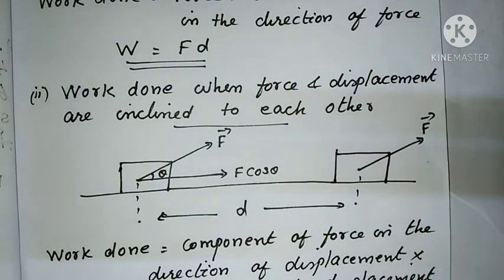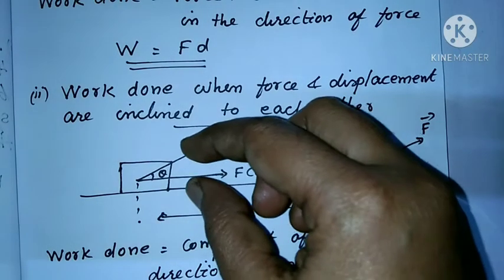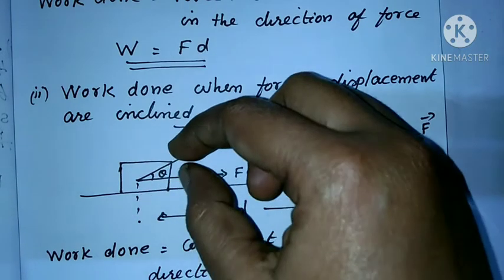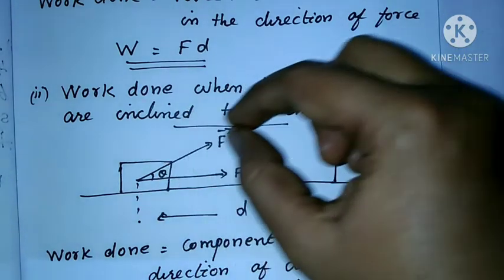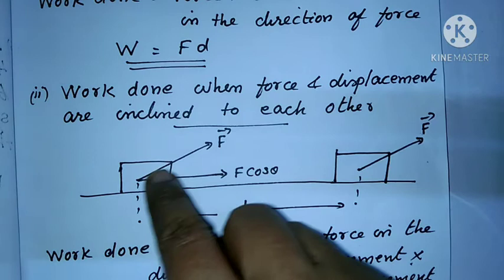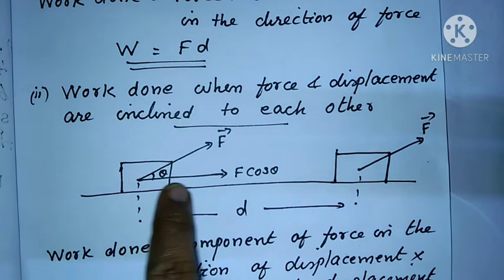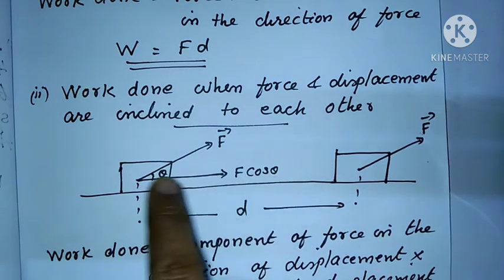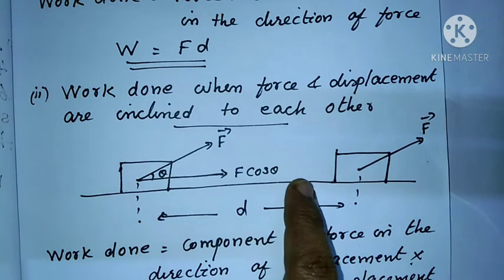That means we are applying a thread on a box and we just move it like this, isn't it? So the force is applied in a direction theta, that means at an angle theta with the surface.